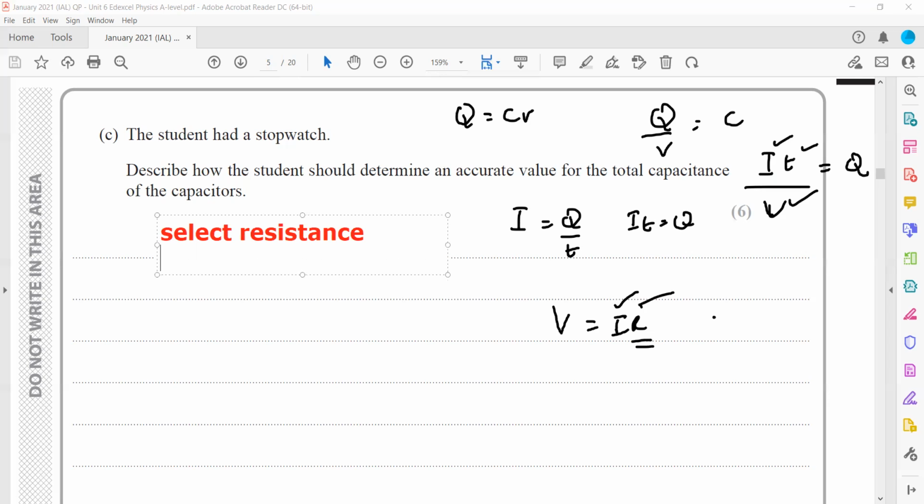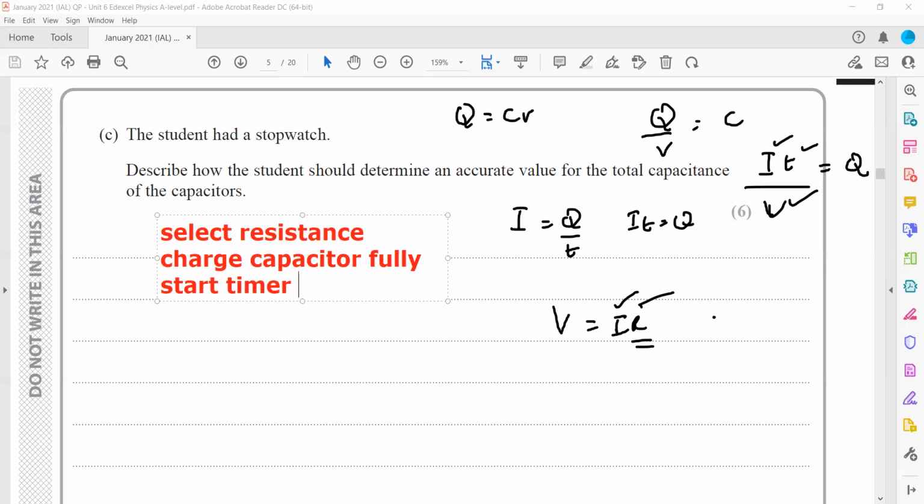Then, after the resistance, we will charge the capacitor fully. Then we change the position of the two-way switch, and we start the timer.